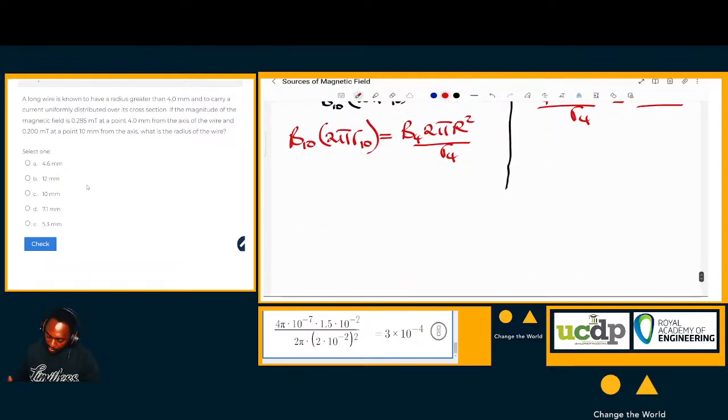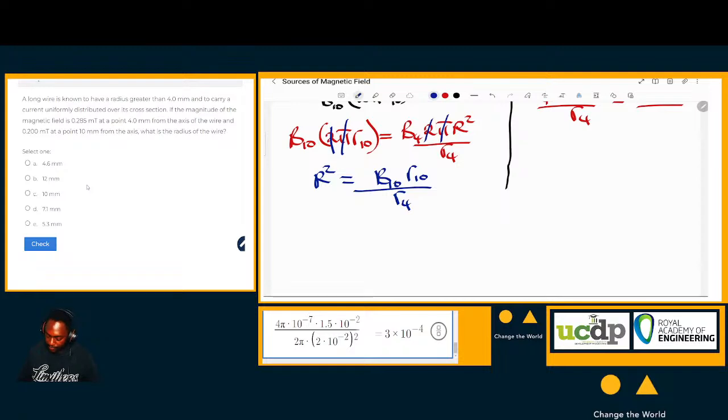So we did not derive it again, just for purpose of time. Then you can cancel out, that cancels out, that cancels out. Because you're looking for r squared, it's going to be B of 10 r of 10 over r of 4.